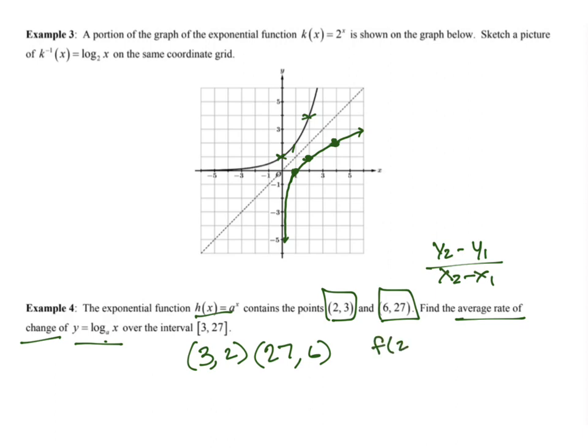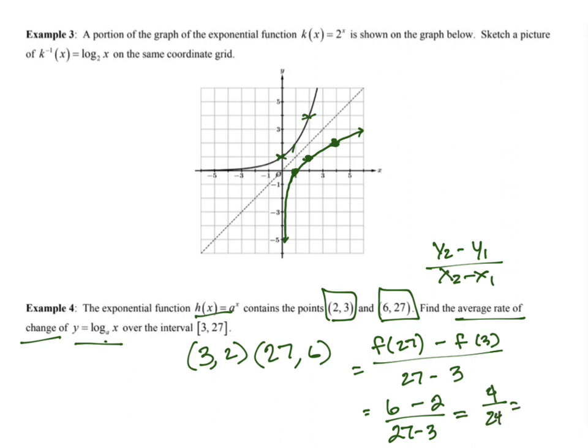We could do f of 27 minus f of 3 over 27 minus 3. What's f of 27? 6. 6 minus 2, over 24. Oh, I skipped a step.